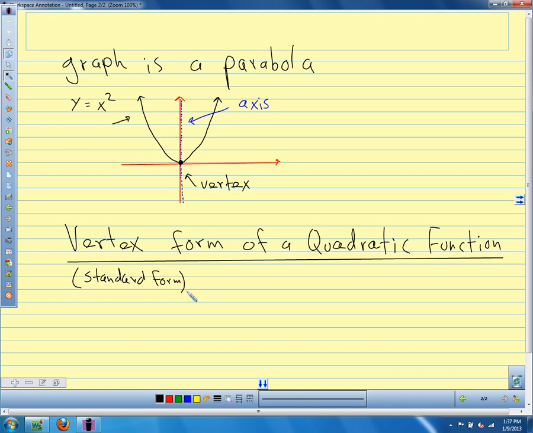Almost 100% of the time I've heard this form talked about, I've heard it called vertex form. Our book calls it standard form for some reason, so I just want you to know that that's what they call it. Vertex form is a form that looks like this.